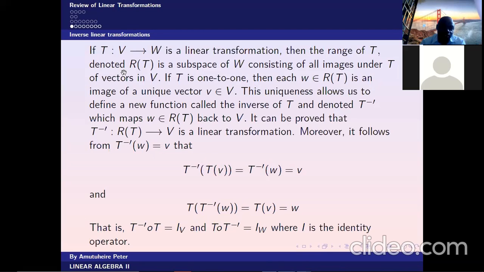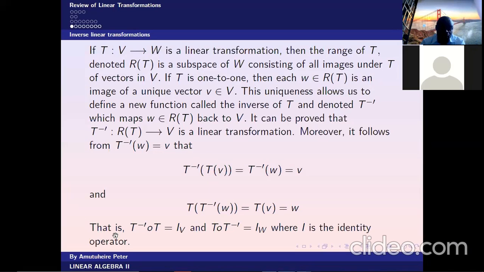So we define a linear transformation T taking V to W, then T inverse will be taking the range of T back to V, and that is a linear transformation.